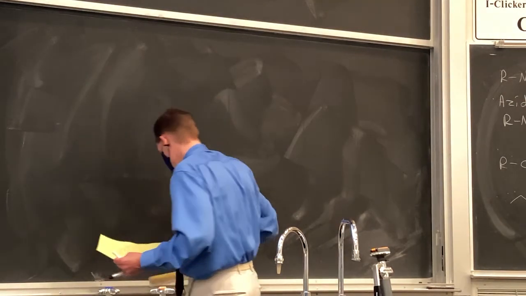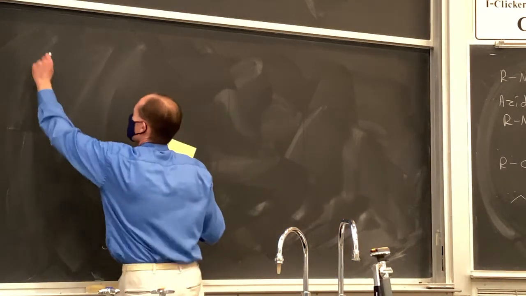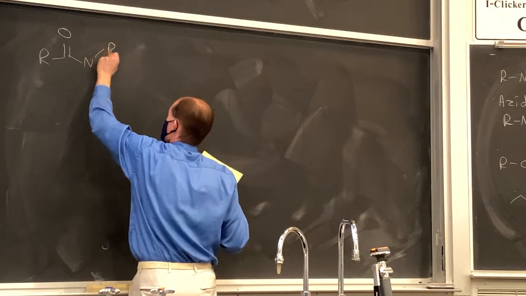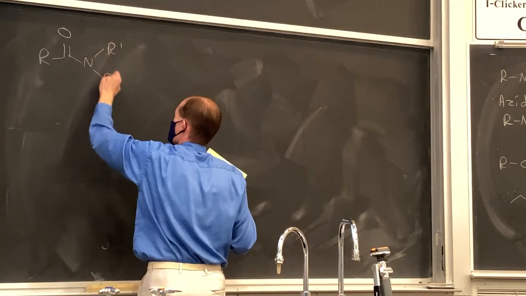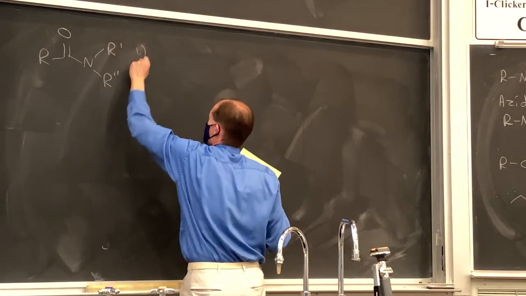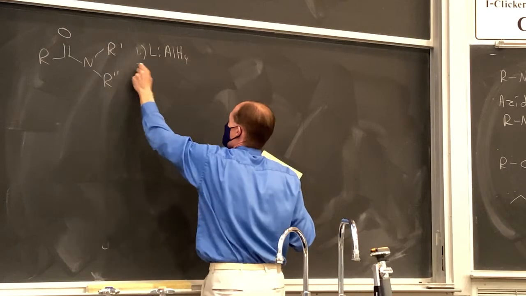Well, we can reduce amides. So we can take an amide, and we learned back in chapter 21 that the product of reducing an amide is an amine.